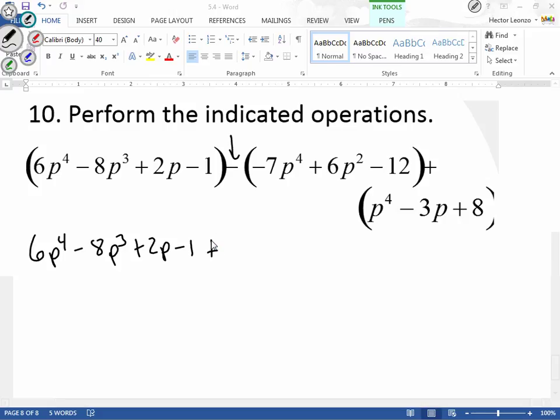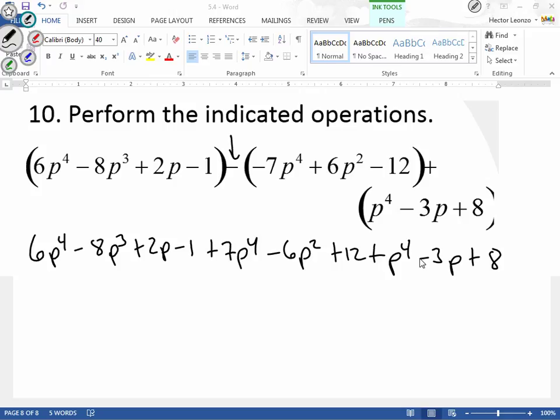So I'm going to have plus 7p to the fourth minus 6p squared plus 12. Notice I changed each of the signs. I have a plus, but we know when we do plus, I'm just going to copy this last polynomial as it is. Plus p to the fourth minus 3p plus 8.